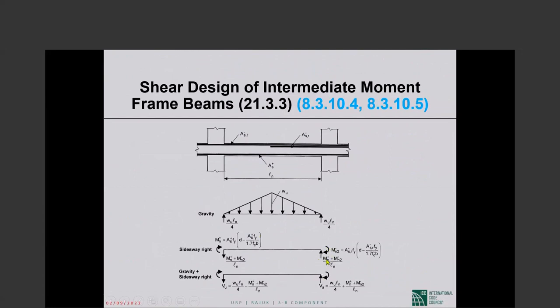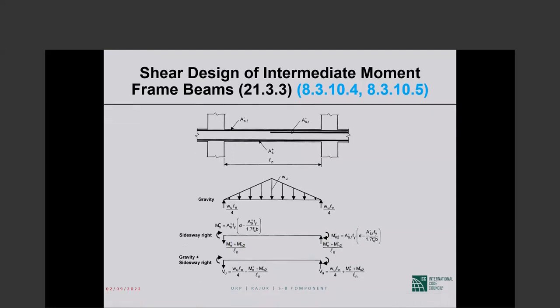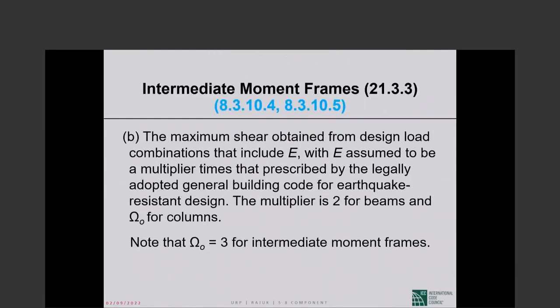So the shear calculation shall be based on moments equal to the nominal moment strength acting at the two ends of the beam. It's probable moment strength in the case of special moment frame beams, nominal moment strength in the case of intermediate moment frame beams. That is one choice.